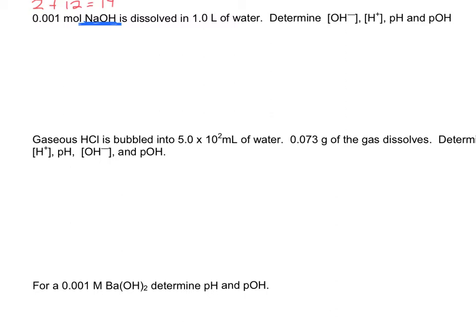So what that means is that it dissociates 100%. So if I have NaOH, it's going to go 100%, just one arrow, to Na plus and OH minus. So I have 0.001 moles per liter, so 0.001 molar basically, of NaOH.